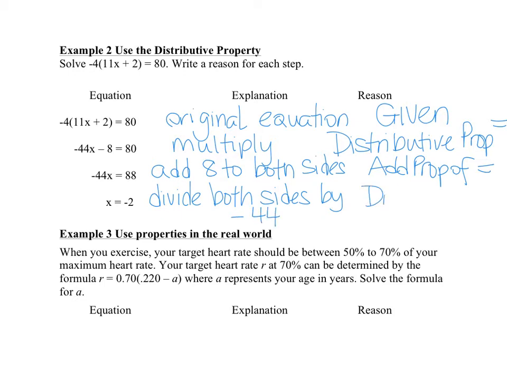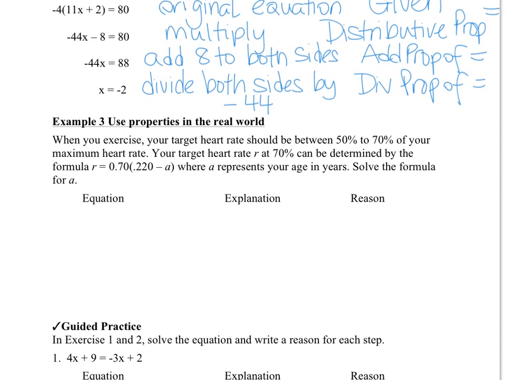So that's the division property. When we take real world problems, we usually have some kind of formula, and then we just rearrange that formula. So that's what we're going to do in this next problem.